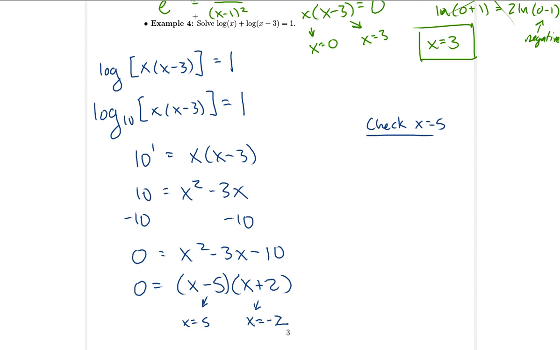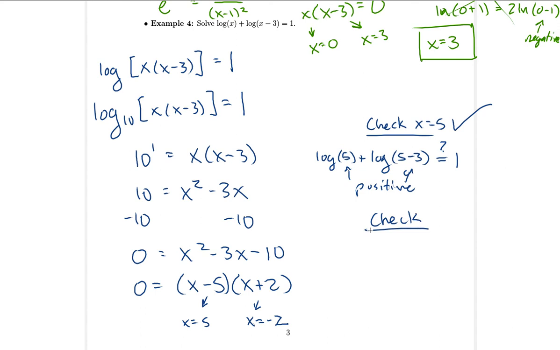So I'm checking it back in the original, right? The very original. So log of 5 plus the log of 5 minus 3, right? Is that going to equal 1? Well, the answer is yes, that is going to equal 1 because they're both positive, right, inside the logarithm. So that's going to check out just fine.